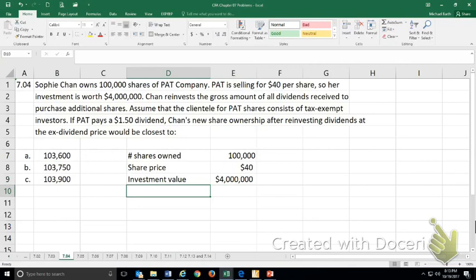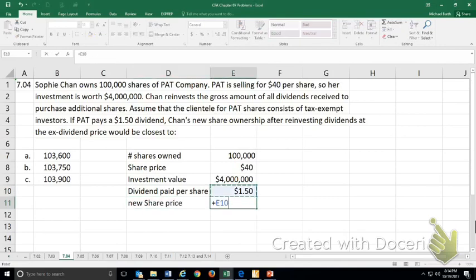Okay, so the dividend paid would be $1.50 per share, which would mean that the new share price is going to go down.